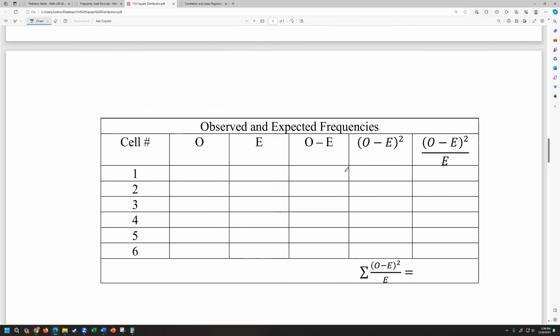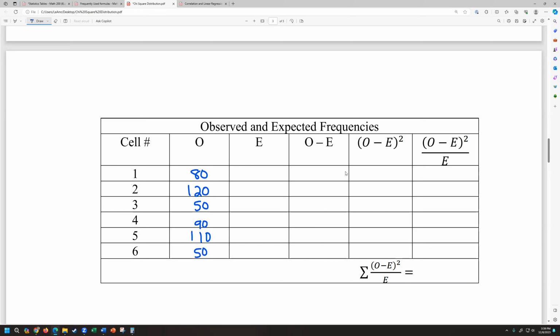All right, now once we get all of that, we're going to put it into our observed and expected frequency table. This is pretty much where we come up with the chi-squared test statistic. Remember, these cells relate back to row 1, spot 1, row 1, spot 2, row 1, spot 3, and these were the ones from row 2. We had 80, 120, 50 for the actual given values of our sample, then 90, 110, and 50.